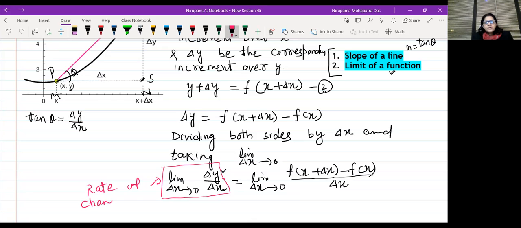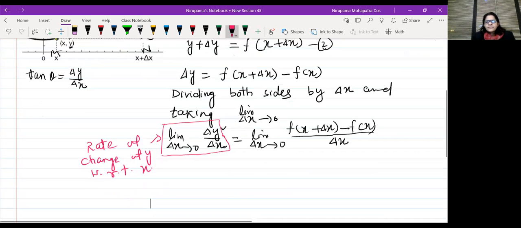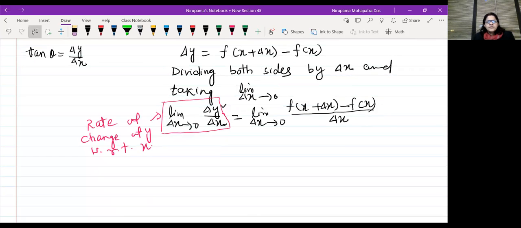of y with respect to x. So rate of change of y with respect to x, that is basically derivative. So we can write it as dy by dx. This is one of the notations, dy by dx, derivative of y with respect to x.